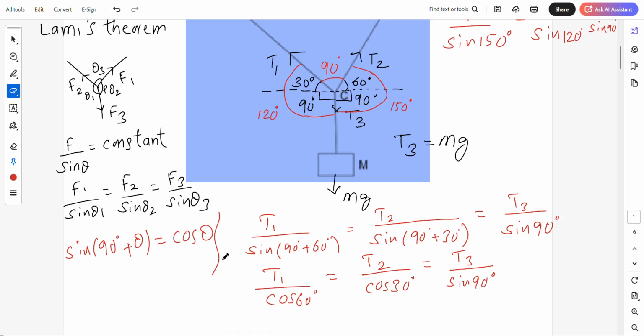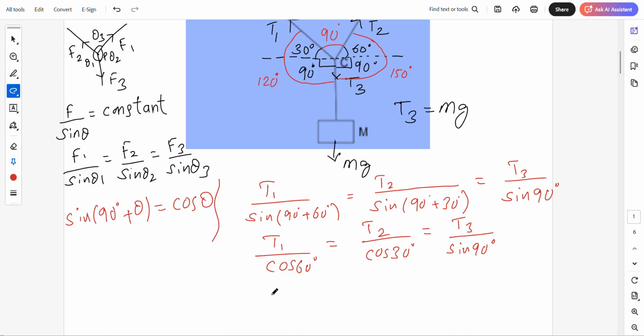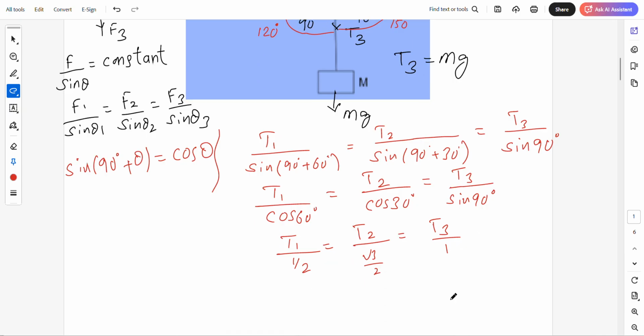How much is sine 90? 1. T1 by cos 60, how much is cos 60? 1 by 2. How much is cos 30? Root 3 by 2. T3 by 1. Now calculate T1. T1 is equal to T3 into 1 by 2.